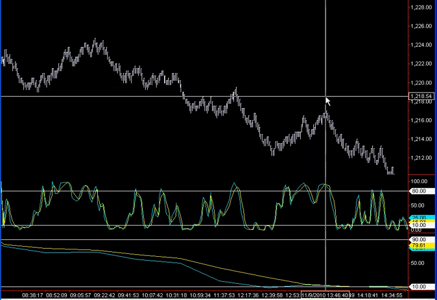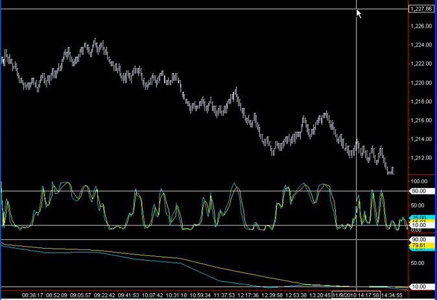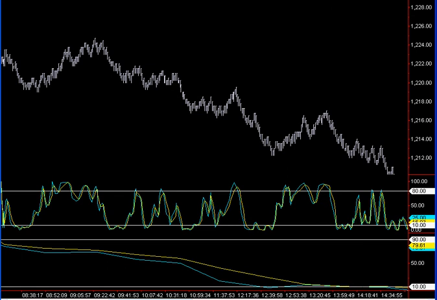All right. Now, to aid us even further, what we're now going to do is add the premium into the equation. We're going to take out the stochastic that shows us the trend and instead replace that with the premium.